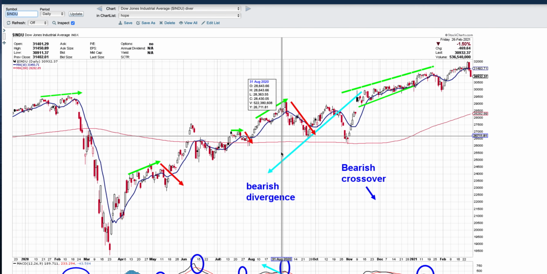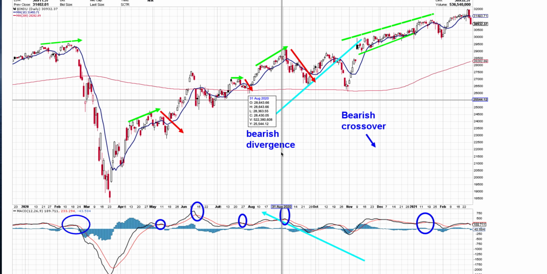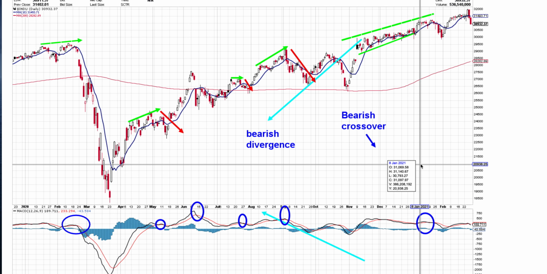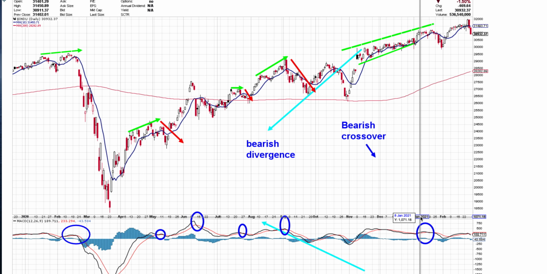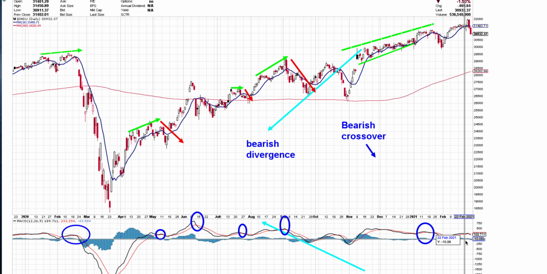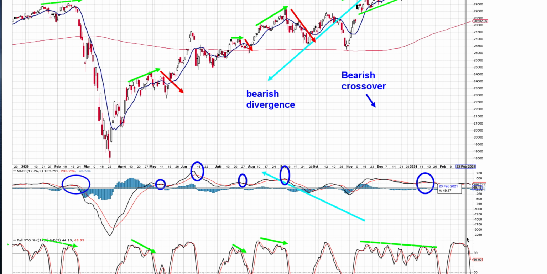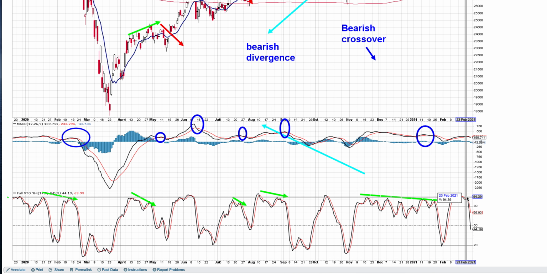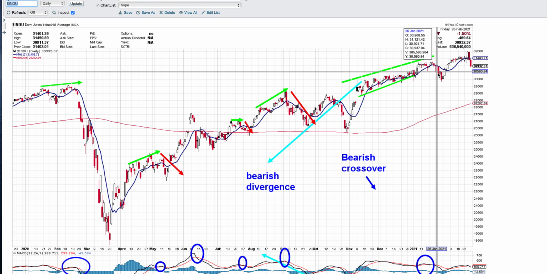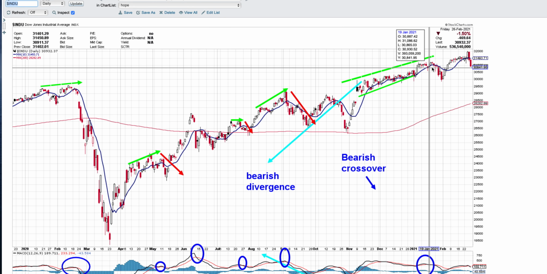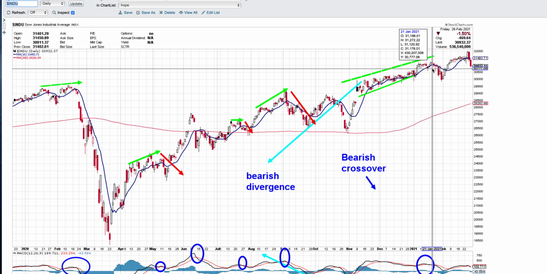So let's look at another discussion about previous action where the same condition took place. We have bearish divergence and a bearish confirmation, which is a bearish crossover in the MACD and the stochastic together. Last time this happened, the signal was not very obvious.